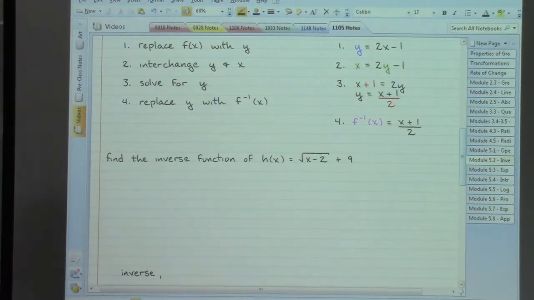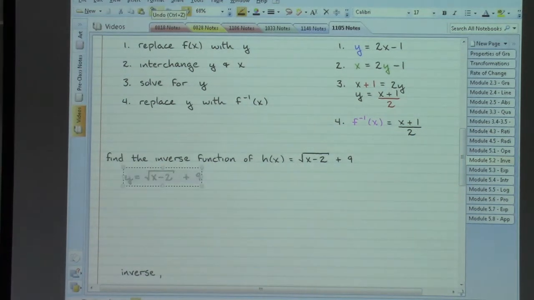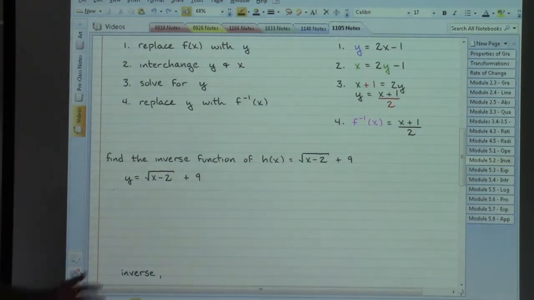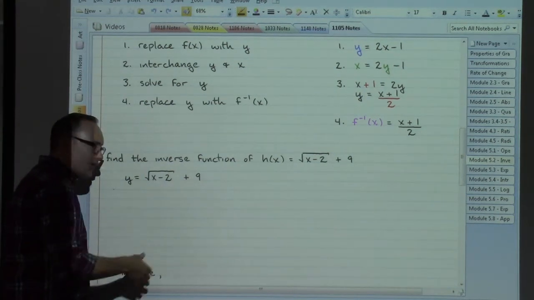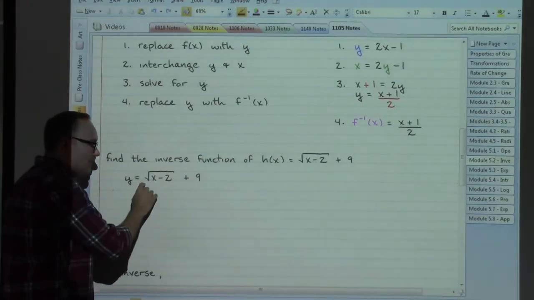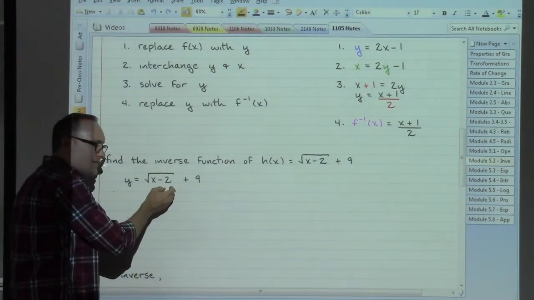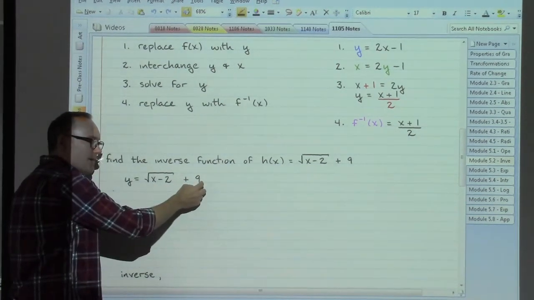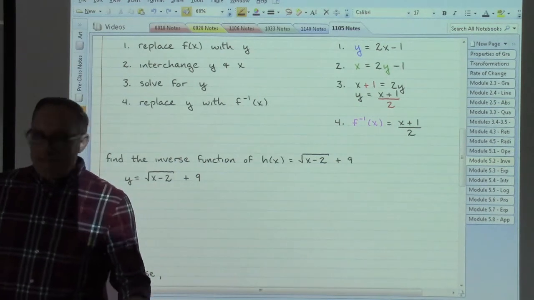Let's do this first step real quick, because that's the kind of thing we would actually see if we were going into our graphing calculator. So y equals, instead of the function notation, we would type this into the graphing calculator. In the y equals menu, we type in our square root, parentheses x minus 2, close parentheses, to end the square root, then the plus 9 at the tail end. Hit the graph button, and what's going to happen?